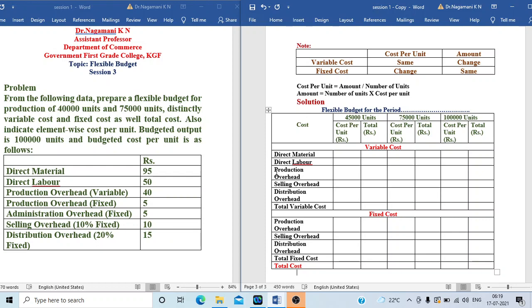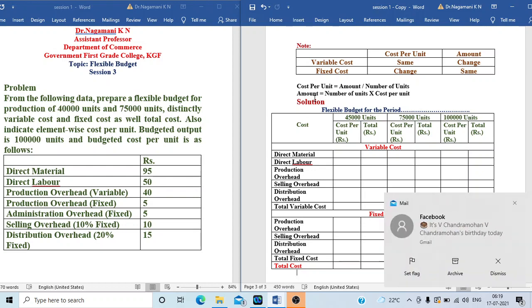Before going to solve the flexible budget, an important thing you should remember is that variable cost per unit always remains the same but the amount will change, and fixed cost per unit will change and the amount will remain the same when production increases or decreases. And the formula you have to remember for calculating the cost per unit is amount divided by number of units.